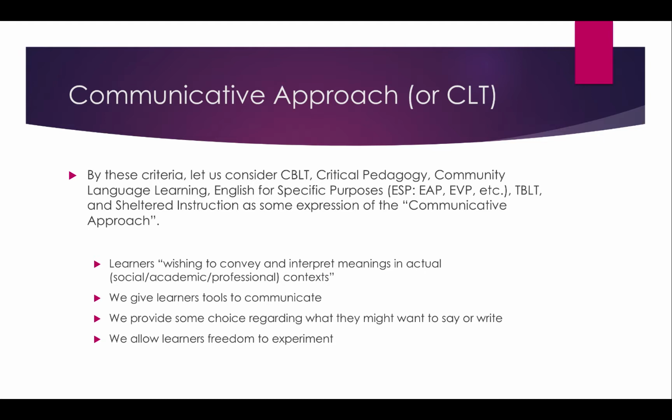And there was a set of criteria that characterized communicative language teaching, which involved learners wishing to convey and interpret meanings in actual contexts, and I'll just add here, social, academic, and professional, giving learners tools to communicate, and providing some choice regarding what learners might want to say or write, and allowing learners freedom to experiment, that is to say, to hypothesis test.